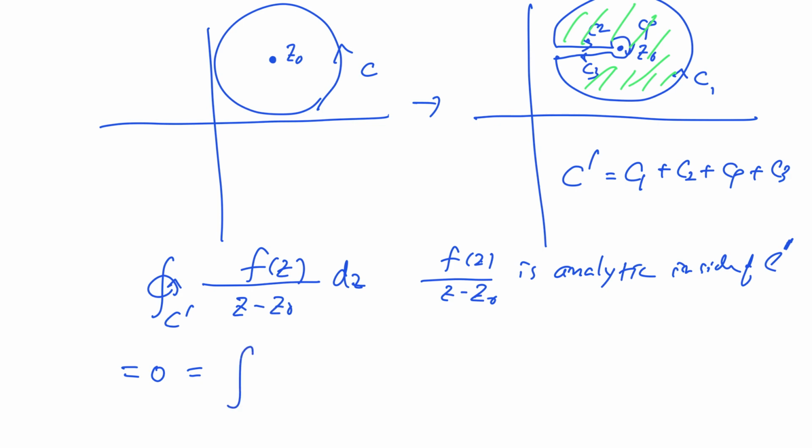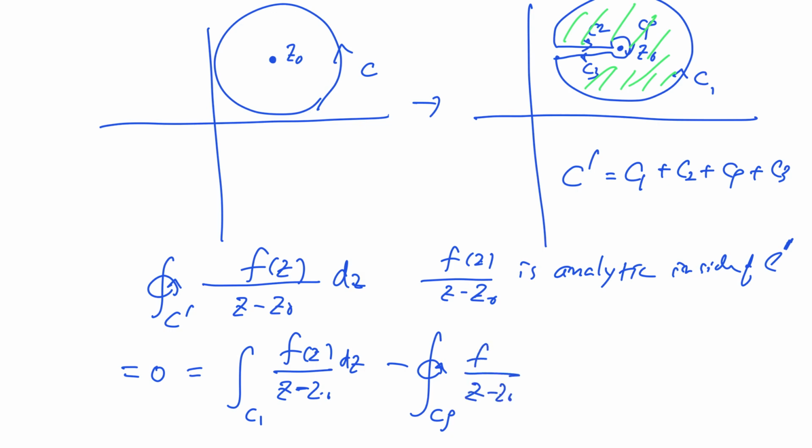Then it is equal to C1 minus the closed integral 0, and C1 also becomes closed, right? As epsilon goes to 0, C1 goes to C. It's equal to 0, right?